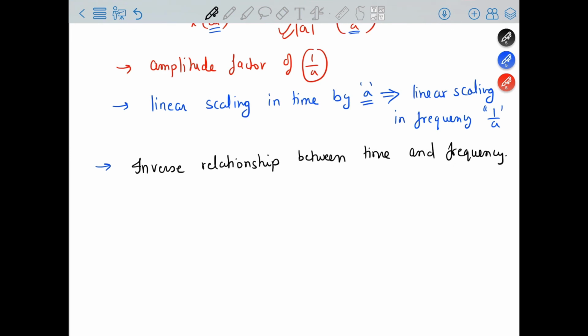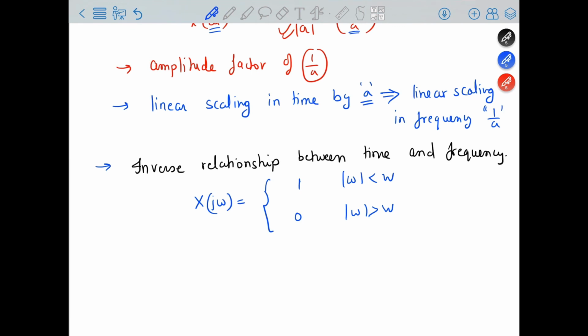And one quite obvious effect of scaling is this: suppose we have a Fourier transform X(j omega) equal to 1 for mod of omega varying from minus W to W and 0 otherwise. So it is a rectangular function.